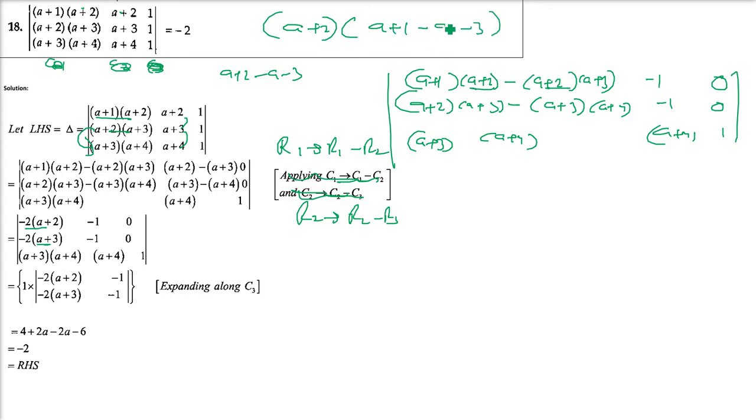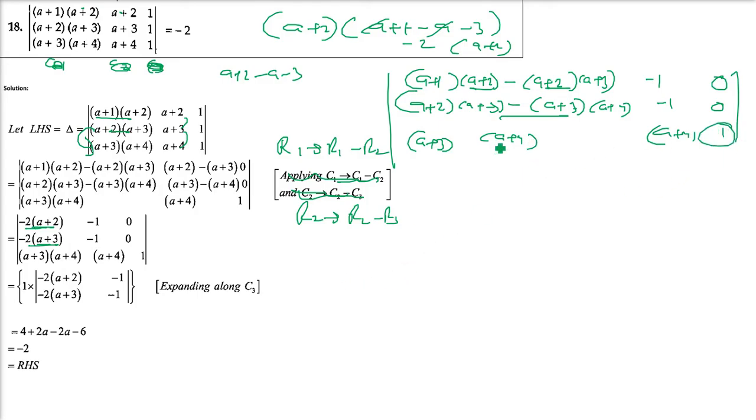So a gets cancelled, it is minus 2. So it will be minus 2 into a plus 2. Similarly, the second one also, when you subtract these two, you will get minus 2 into a plus 3, because here you can take a plus 3 common. Likewise, the way we have done a plus 2 common, we can take a plus 3 common here.